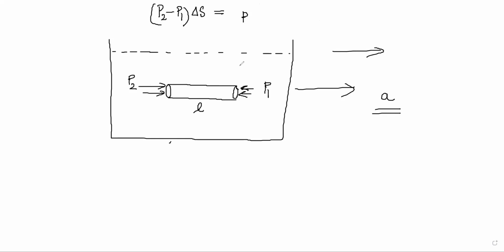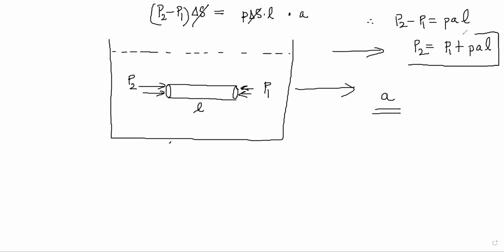The length of this column is L. So del S into L, this is the mass multiplied by a, right? Del S can cancel here and you get basically P2 minus P1 is equal to rho a L. P2 becomes equal to P1 plus rho a L, right? Now, this tells us that pressure at this point is higher than pressure at this point, right?